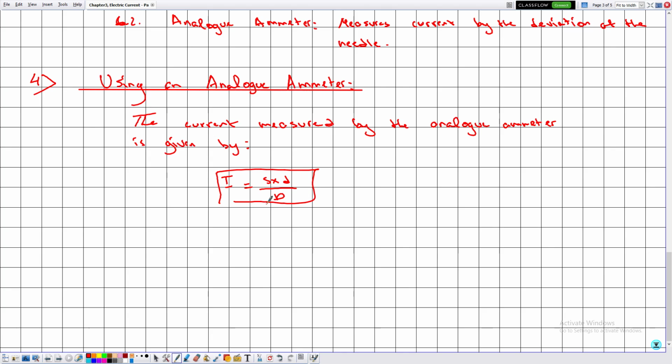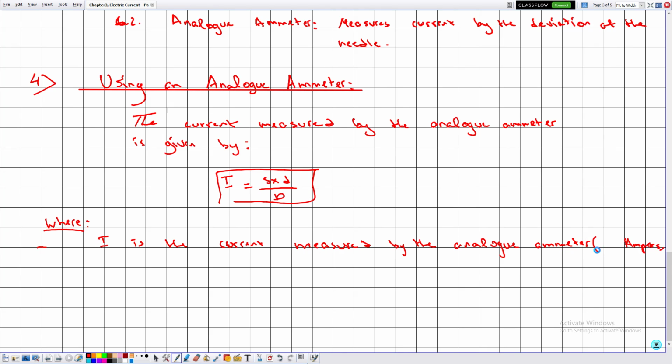Now let me define each quantity. What does it refer to? Where I is the current measured by the analog ammeter, and its unit is amperes.